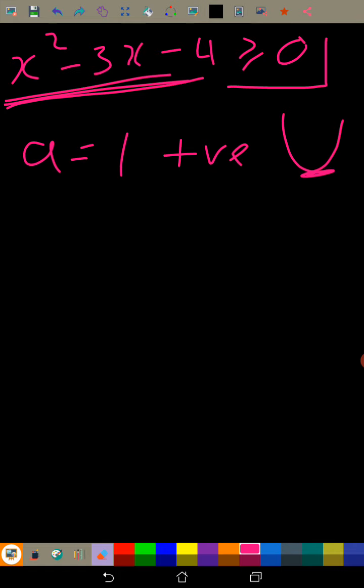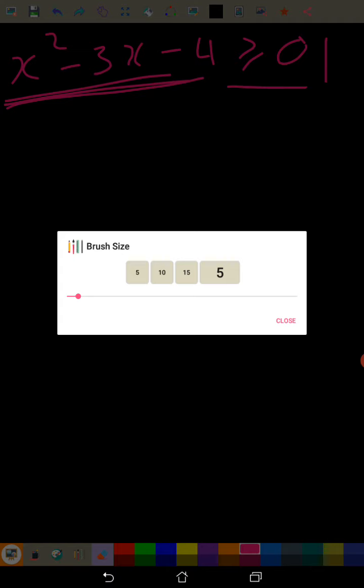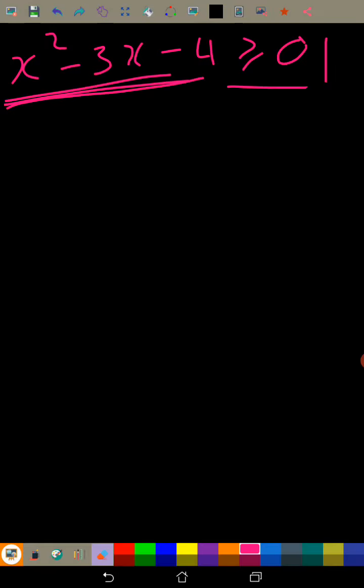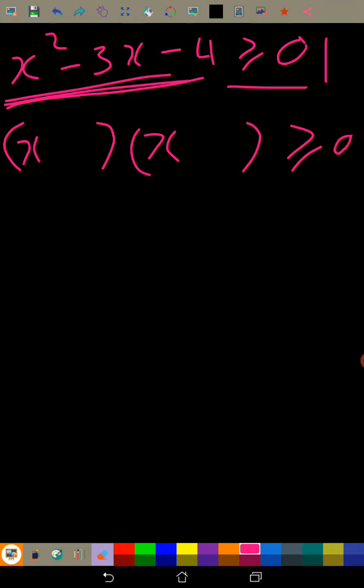Now, how are we going to know where this curve is going to cross the x-axis? For that, we have to find the solution set of this expression. So we do it like this. We have x squared minus 3x minus 4 greater or equal to 0, so I can put it like this: a, b.